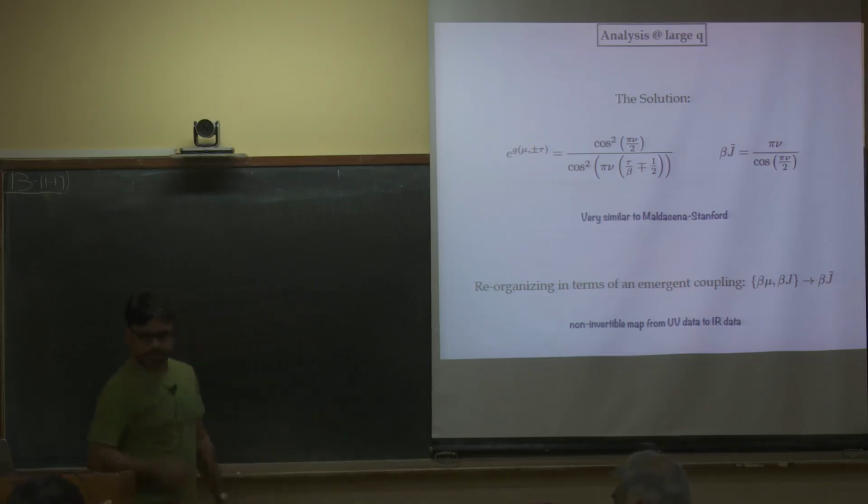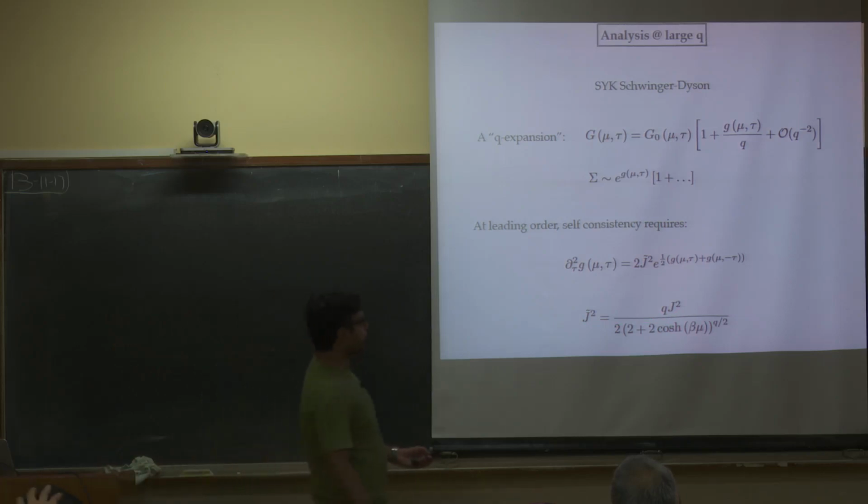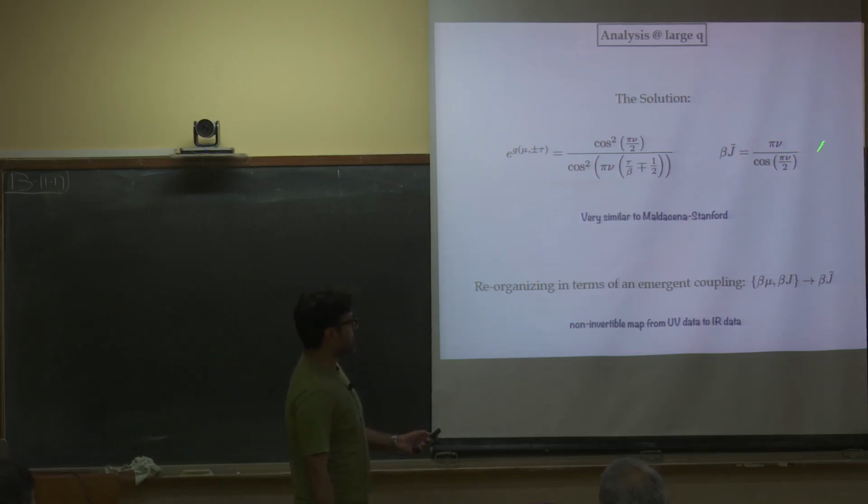Yes, J tilde has this scaling with Q. Right, and so this is the solution. In other words, this is not determining J tilde, this is determining nu, this parameter. So this is a solution written in terms of a parameter nu.